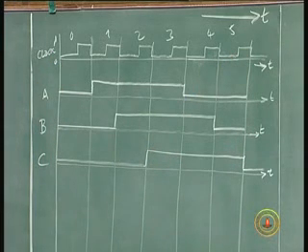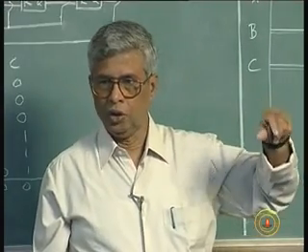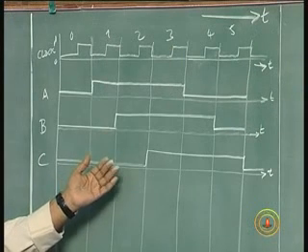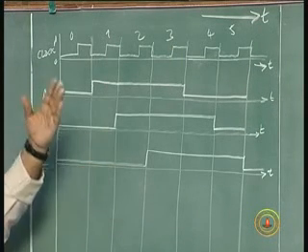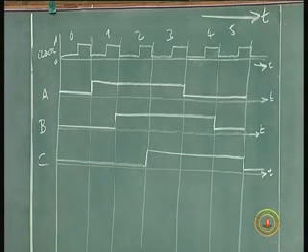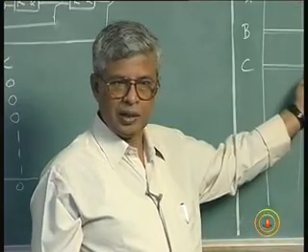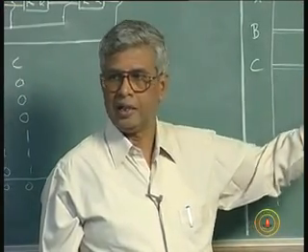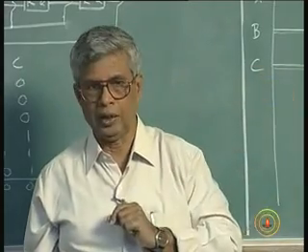With 4 flip-flops it will become 8. So the period of this clock is n times the period of the original clock, where n is twice the number of flip-flops. So I should say 2n. The period of this clock is 2n times the period of the original clock, where n is the number of flip-flops that are used for this.